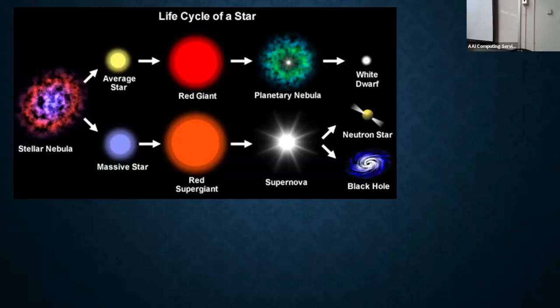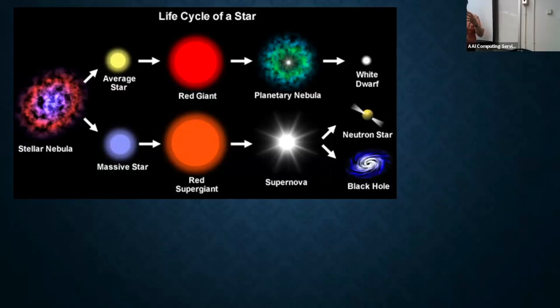A larger star will swell up to a supergiant and then explode as a supernova, leaving either a neutron star or a black hole. There are actually a couple of black holes in the summer sky, but for obvious reasons, we can't really see them.